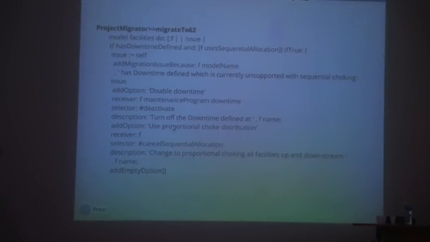Well, they are defined in an extensive manner. The schema is very simple. You set the string, you set the potential receiver, and you set the selector that you will send to it in the case that the user chooses this option. It's like building a menu.